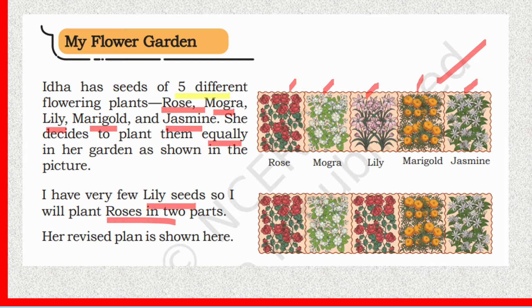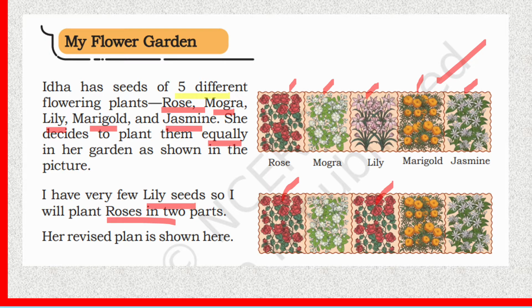That means roses will grow in 2 parts of her garden, because she has very few lily seeds. So, in 2 parts, she decided to plant rose.